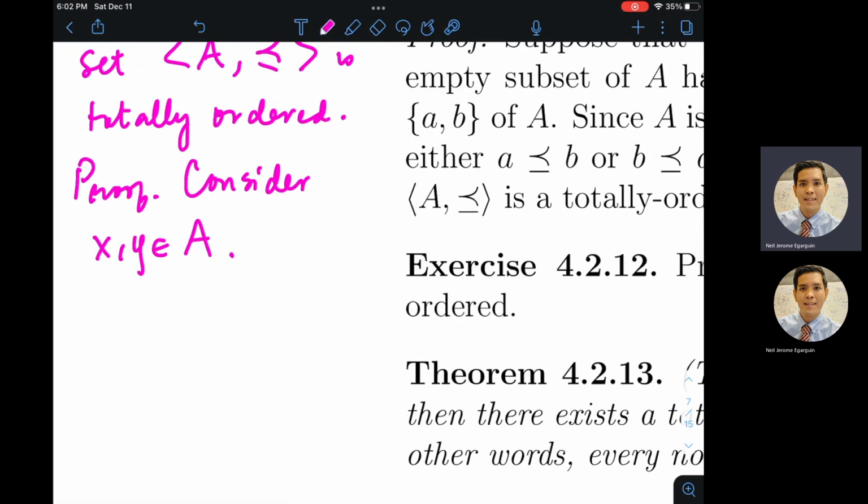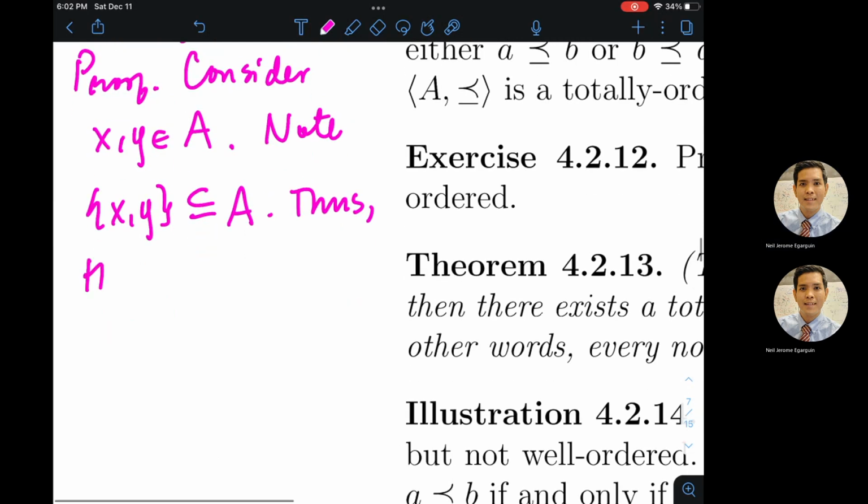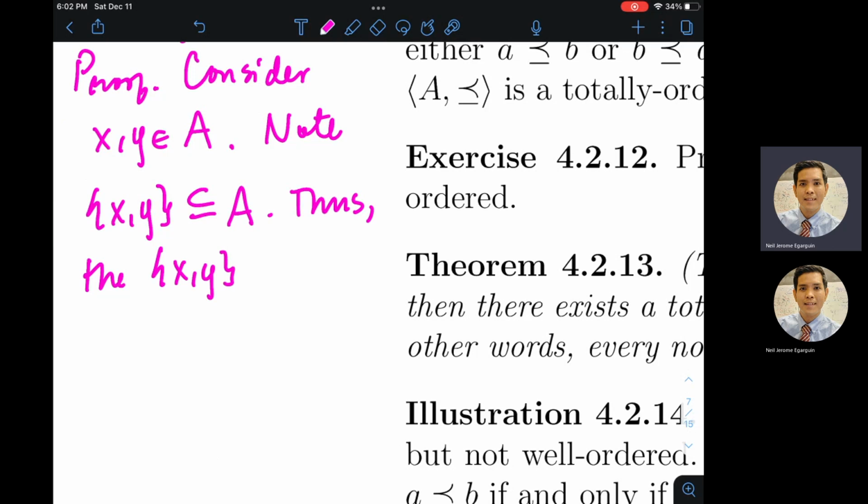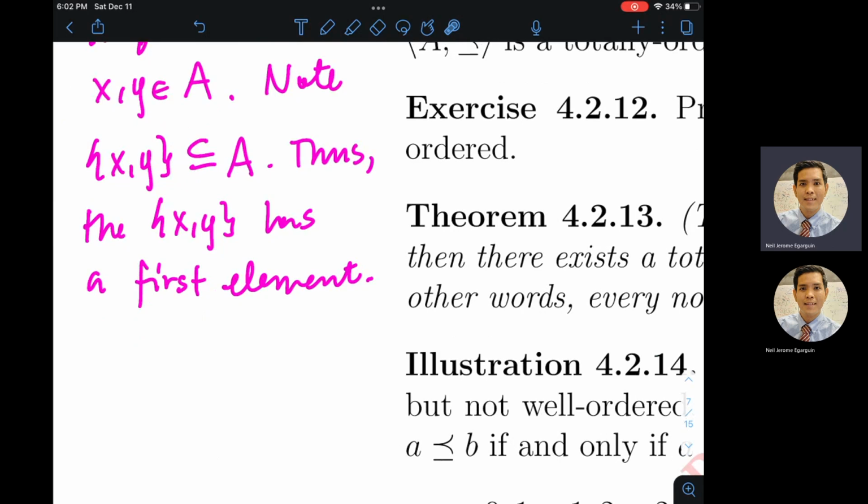And take note of the fact that the set containing X, Y is a subset of A. Thus, the set {X, Y} has a first element. Kasi nga, well-ordered siya by assumption, right? Sabi ng pagiging well-ordered, kahit anong subset niya, specifically the subset containing X comma Y will have a first element. Tapos, dalawa lang naman yung candidate para maging first element. Either si X yung first element o si Y yung first element.